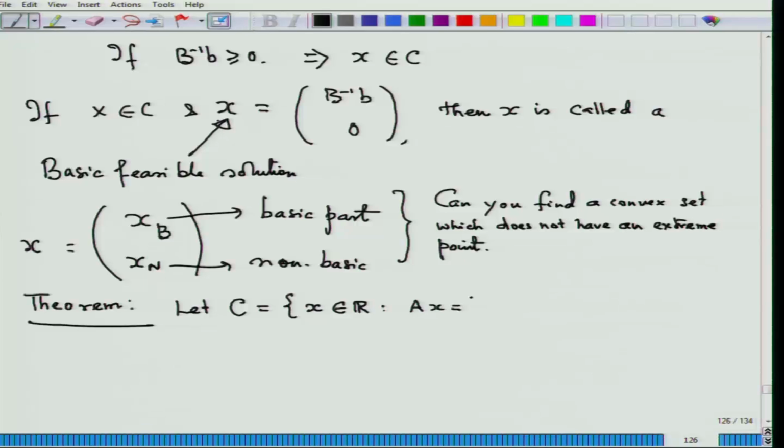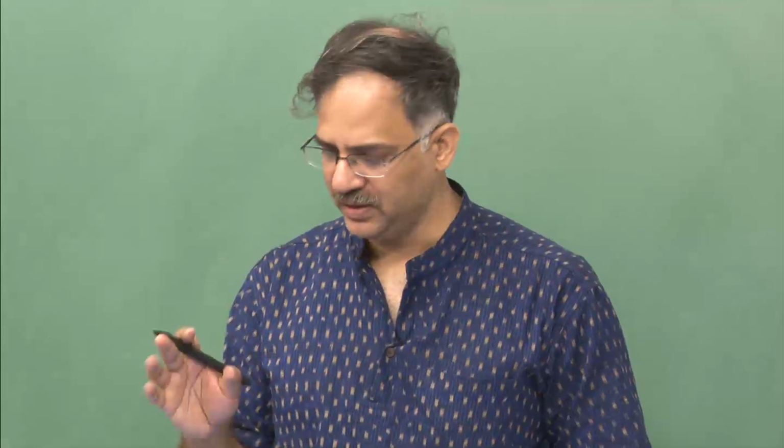Now, consider this feasible set. Actually there is a major result in convex geometry which says that every convex polyhedron set has an extreme point.